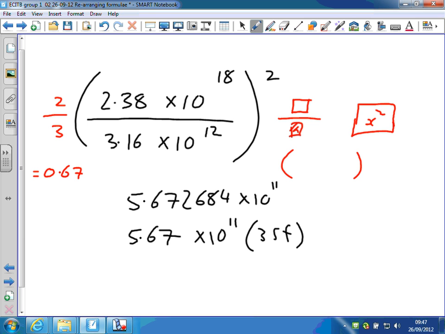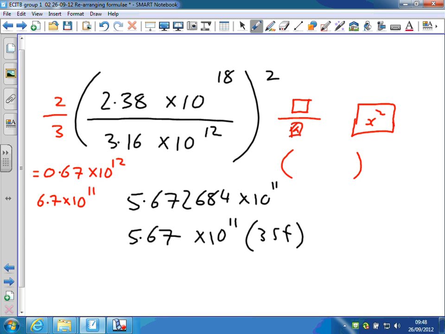So 6 raised to another power of 2, again from the laws of indices, means you actually multiply. 6 times 2 is 12. So I'd expect around about 0.67 times 10 to the 12, which is the same as 6.7 times 10 to the 11.